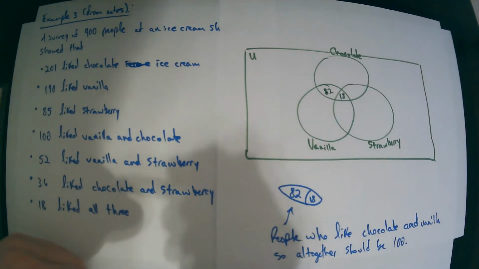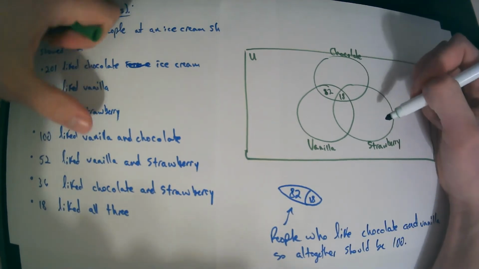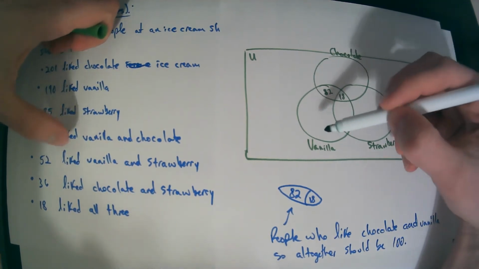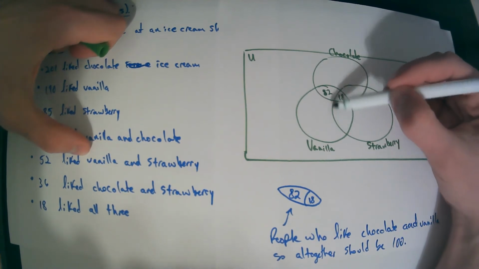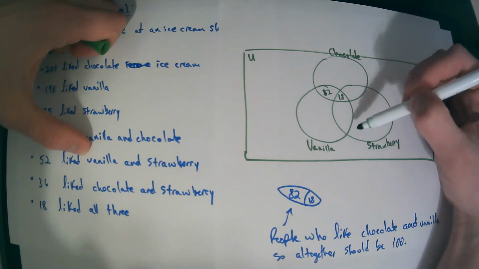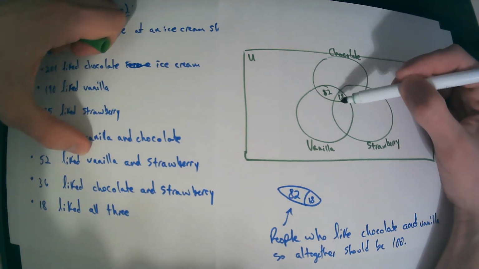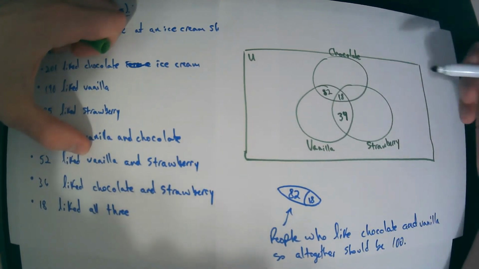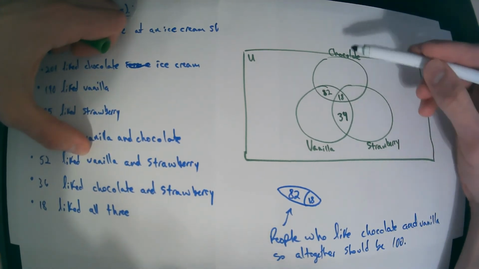So let's keep that idea going with this spot, chocolate and strawberry. I'm going out of order here. Let's do vanilla and strawberry. Okay, vanilla and strawberry. So 52 altogether in this intersection of vanilla and strawberry. But 18 of them already live here. So that means that there should be 34 people in this position who like vanilla and strawberry but not chocolate.